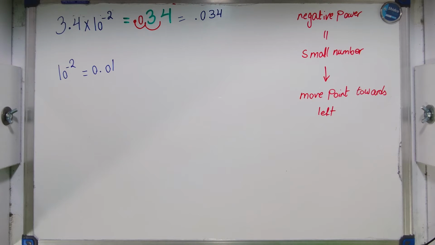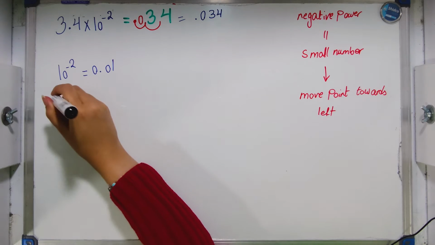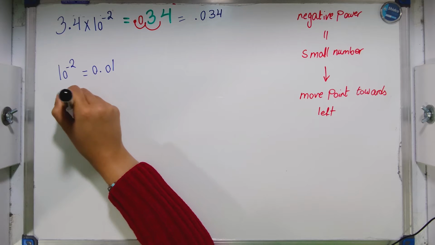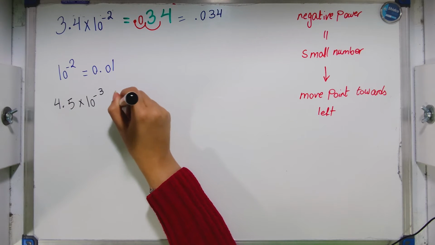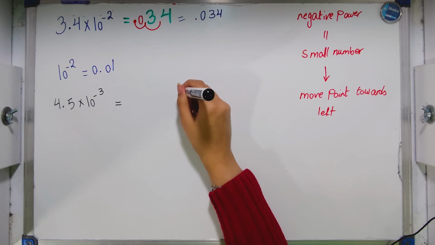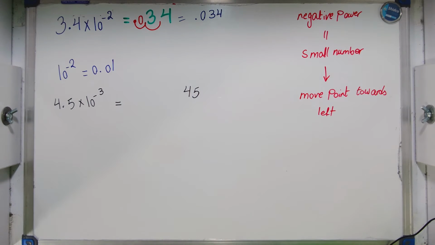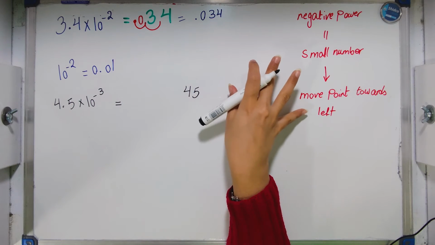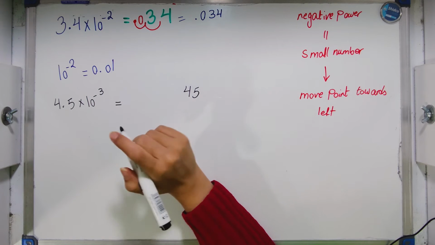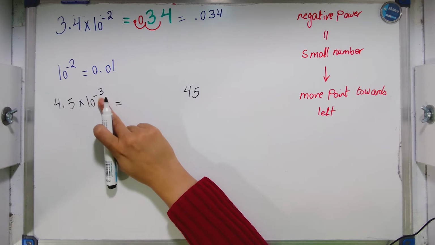Let's check another example. 4.5 times 10 to the power minus 3. I write 45 here. I have a negative power. Negative power means that you're making your number smaller, so you have to move your point towards the left by 3.